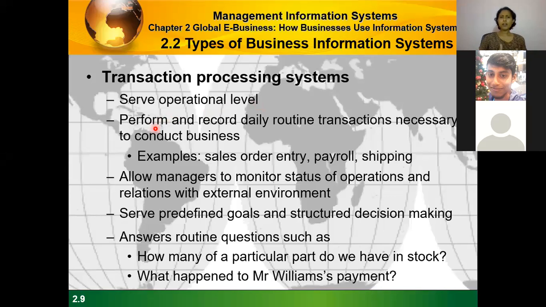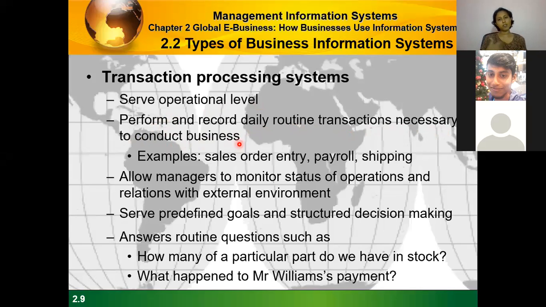Then, what kind of tasks or activities does the transaction processing system, or the TPS, do? Perform and record daily routine transactions necessary to conduct business. So the transaction processing system is able to do routine transactions or daily transactions which are happening repetitively, right?